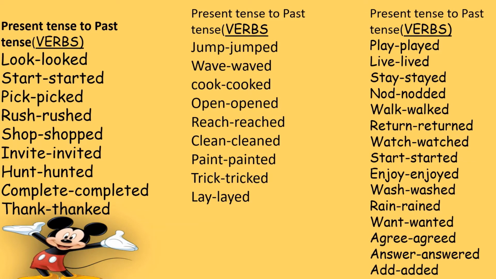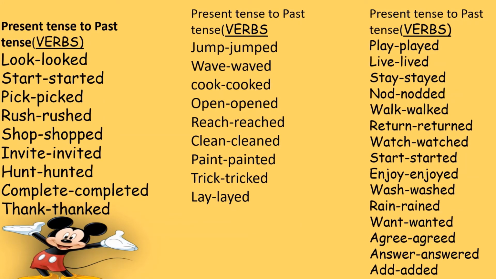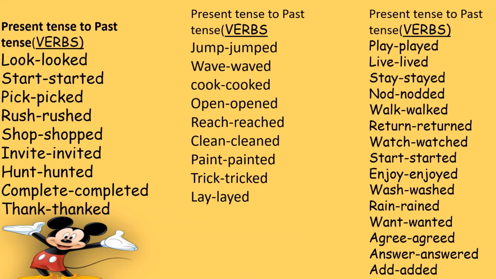I do have some students who say cleaned for cleaned, reach for reached. So do not say it wrongly, pronounce it correctly. For the word look, it's looked. Start becomes started. Maybe you wouldn't find much of a problem in saying that word, started. Pick, picked.